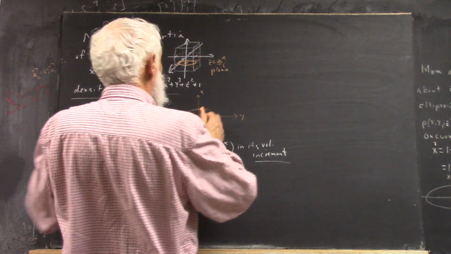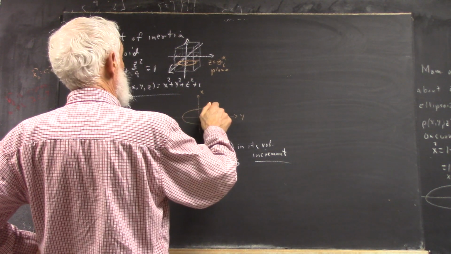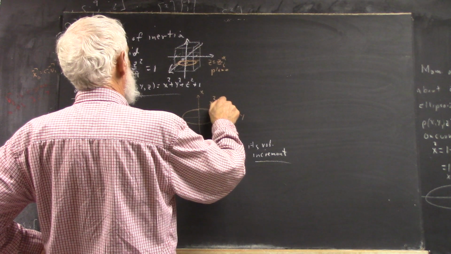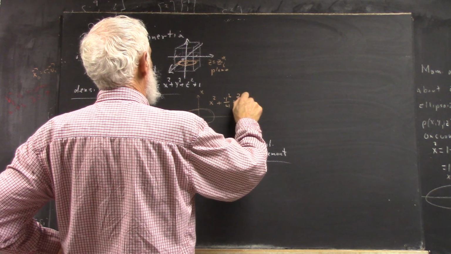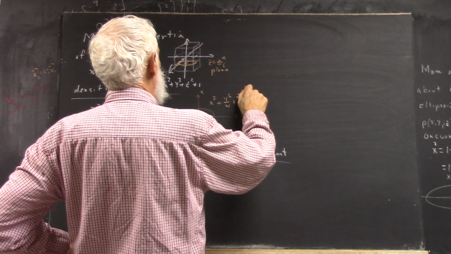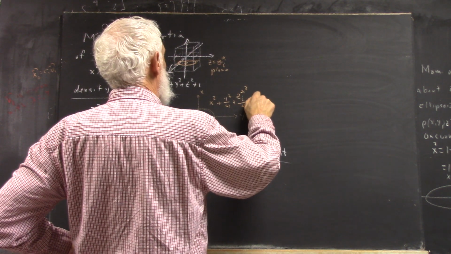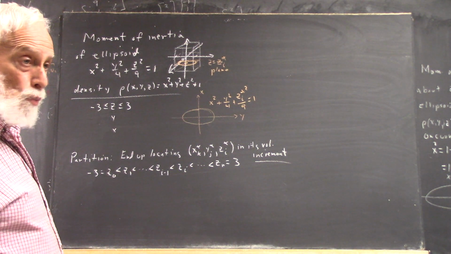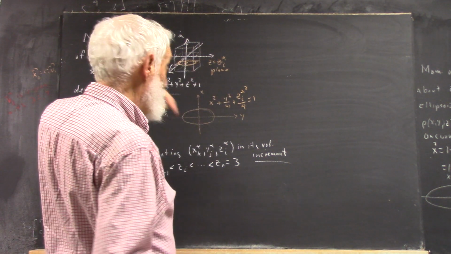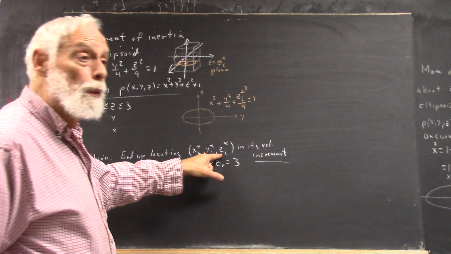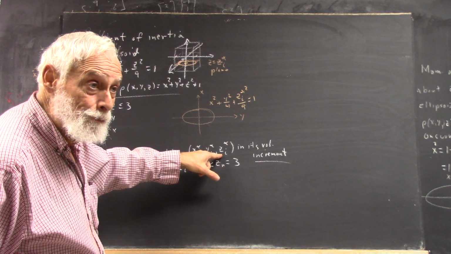Okay, so anyhow, what's your equation? Your equation is x squared plus y squared over 4 plus z sub i star squared over 9 equals 1. Okay? And now z sub i star is some fixed, whatever the coordinate is that we're trying to find, right?